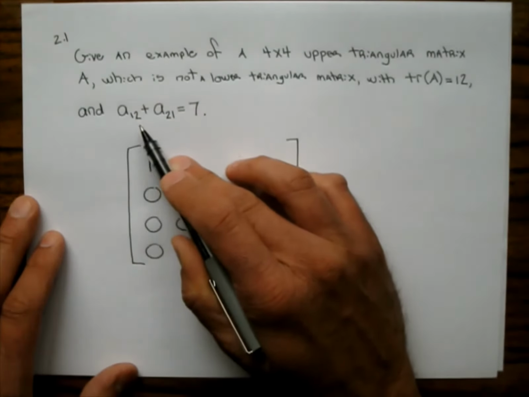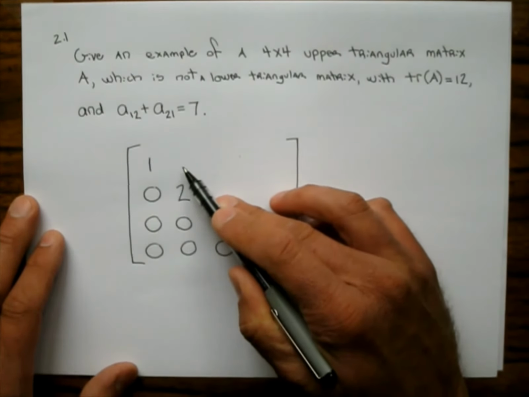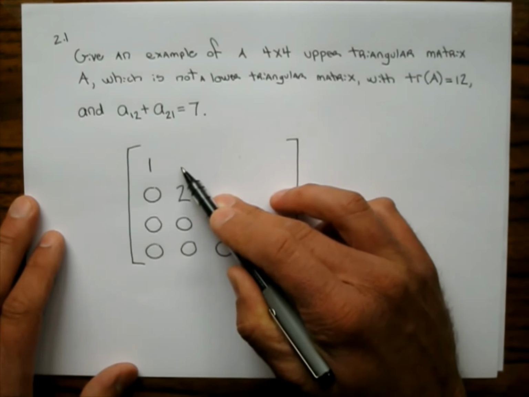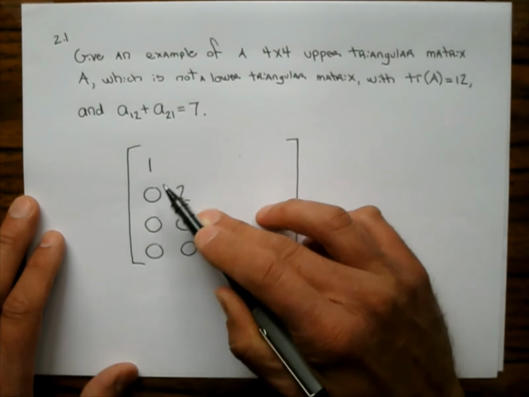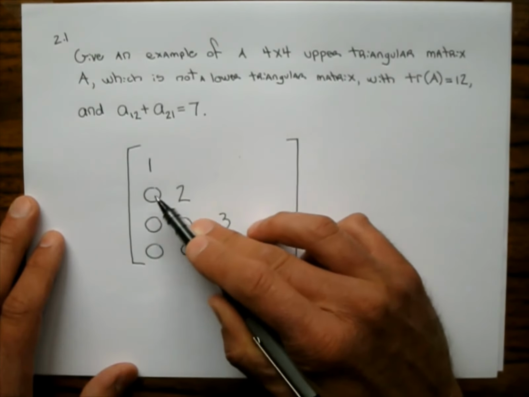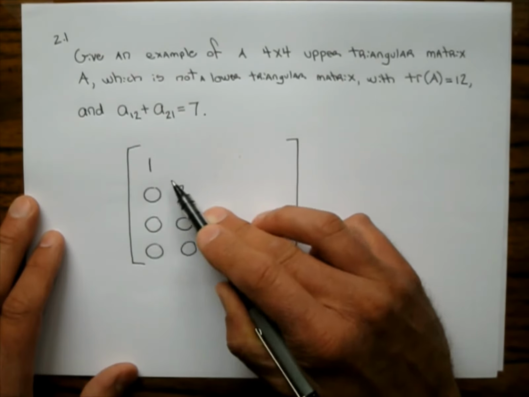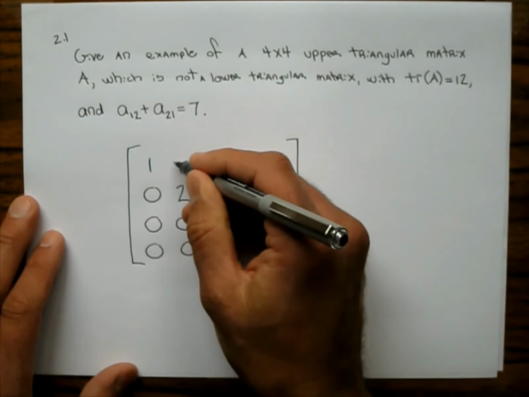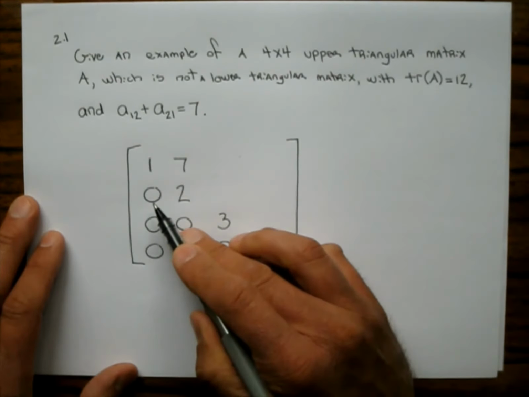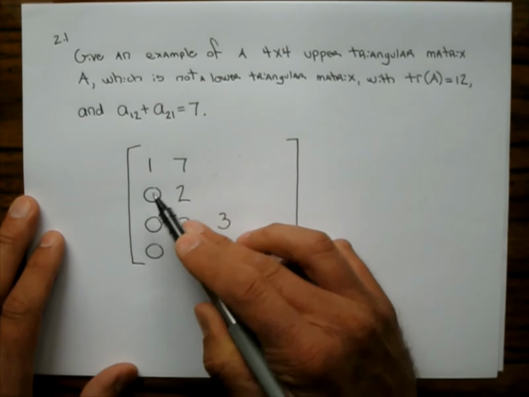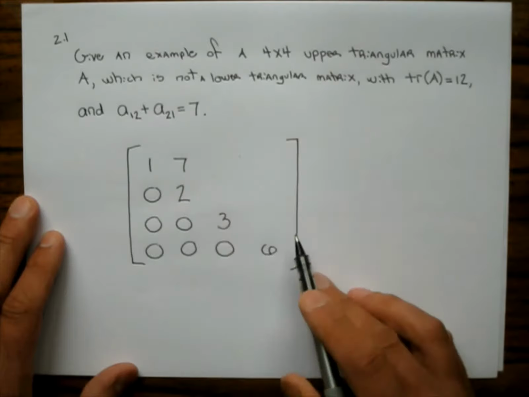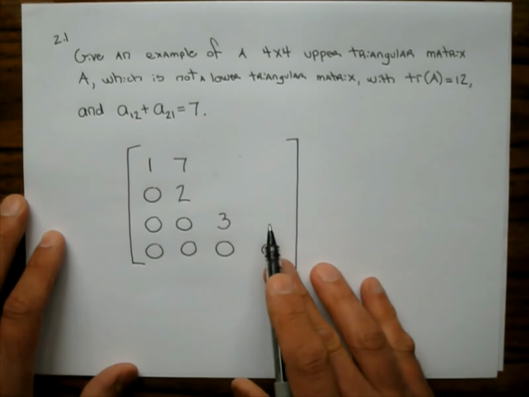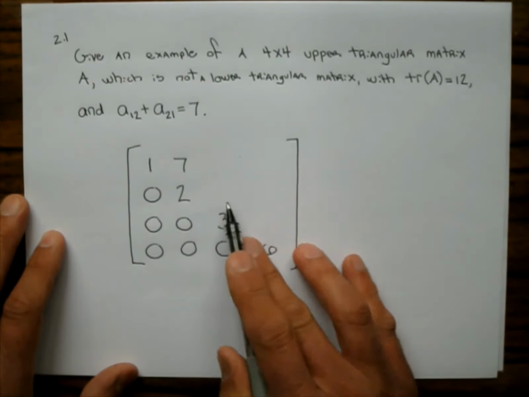Now, this one says A12, which is this element here, which we don't have yet, plus A21, which we do have. It's a 0. Those guys add up to 7. So I already have a 0 here, so I need a 7 there. And you can see that 7 plus 0 is 7. Now, as for the rest of this matrix, we're free to put whatever numbers we want.